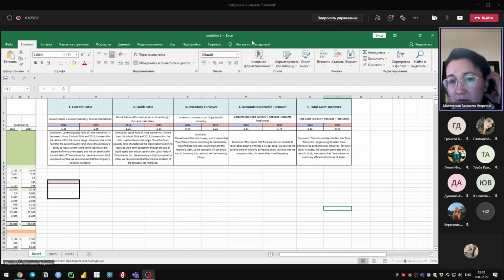So any questions about this part, ratio analysis? And then if we have no questions, we will move to the next part, the creditworthiness analysis and bankruptcy risk analysis. I'd like to tell you some general information about this kind of analysis, what are the main purposes of the application of creditworthiness analysis and bankruptcy risk analysis.